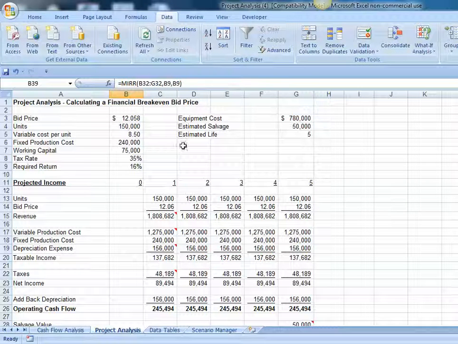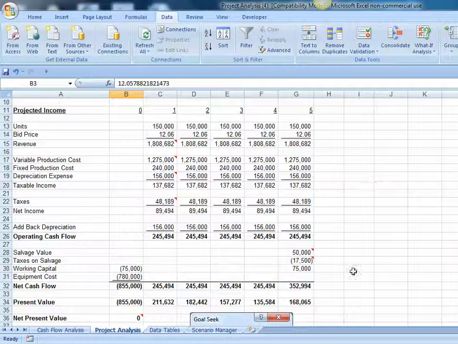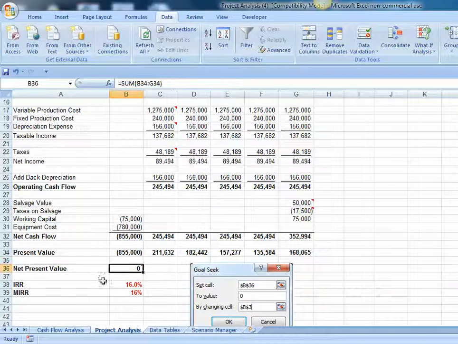And we find a bid price of $12.05 indeed gives us our net present value of 0. And notice at that rate, our modified IRR equals our internal rate of return.